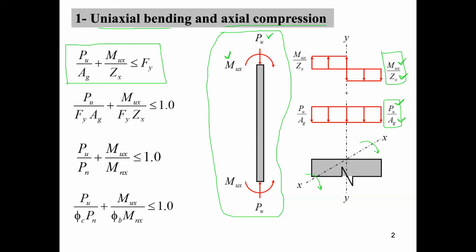The students are advised to go back to any textbook in mechanics of material to refresh their memories on this particular topic. Please note that this equation represents the right side of the cross-section since both axial and bending stresses are compressive.